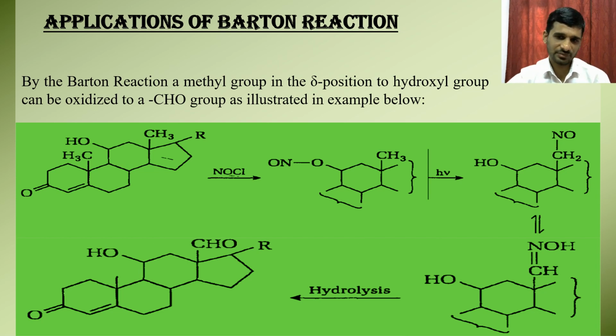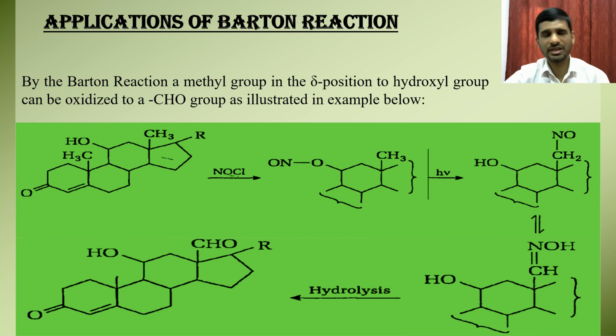This oxime over here is present on a terminal carbon. This carbon is present as a side chain terminal carbon over this cyclopentane ring. So in this condition, we will have an aldehydic group, since our primary methyl group is a 1 degree carbon atom; here the oxime will generate an aldehyde group.